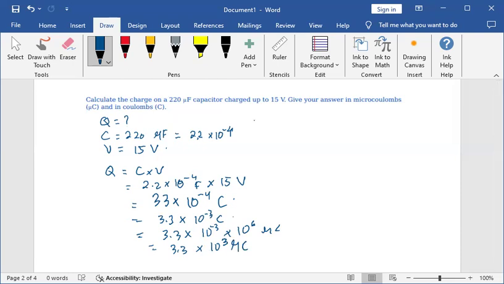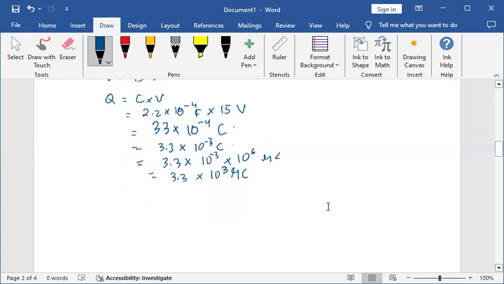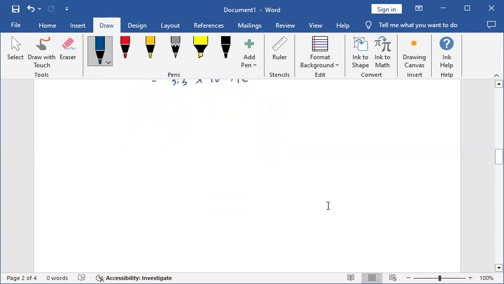This is about capacitance. Next, we'll see the factors affecting capacitance.